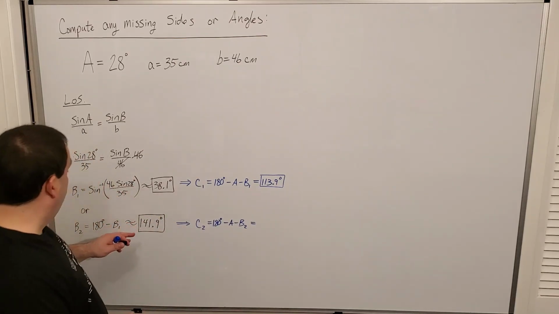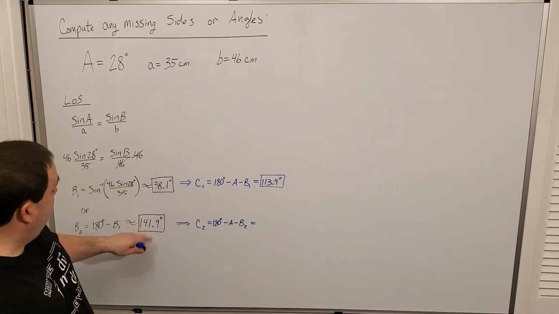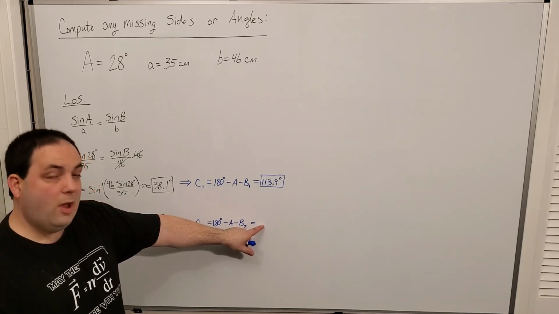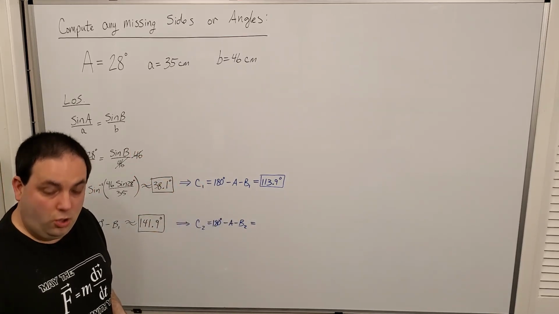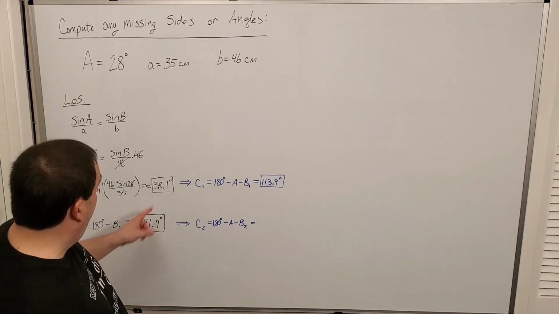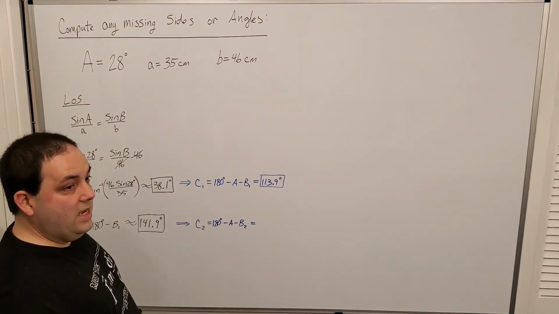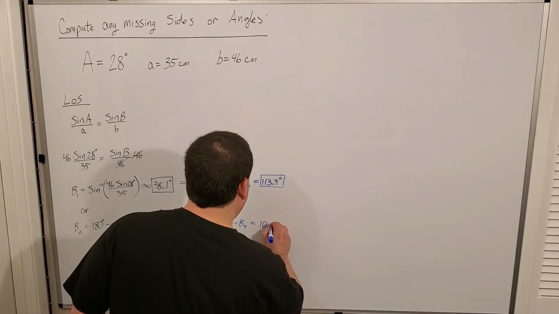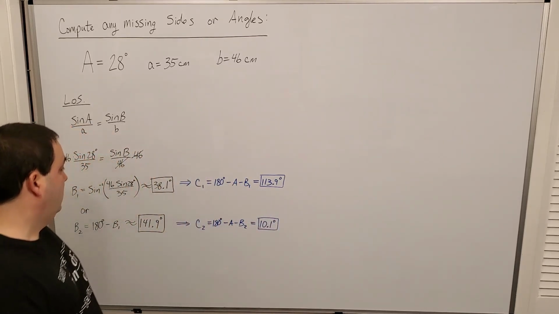I add the B2 with the A, and it's still less than 180, which means this subtraction is going to come out positive, and that means it's working. Okay? So 169.9 from 180 is 10.1 degrees. Okay.